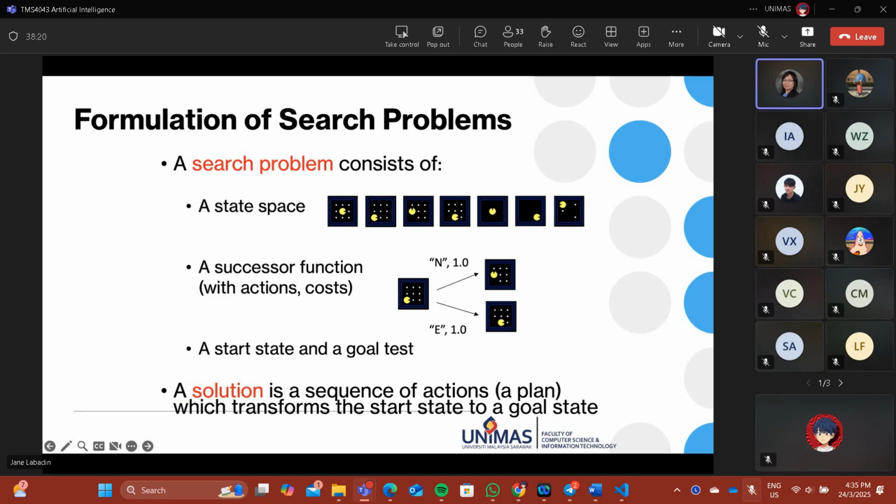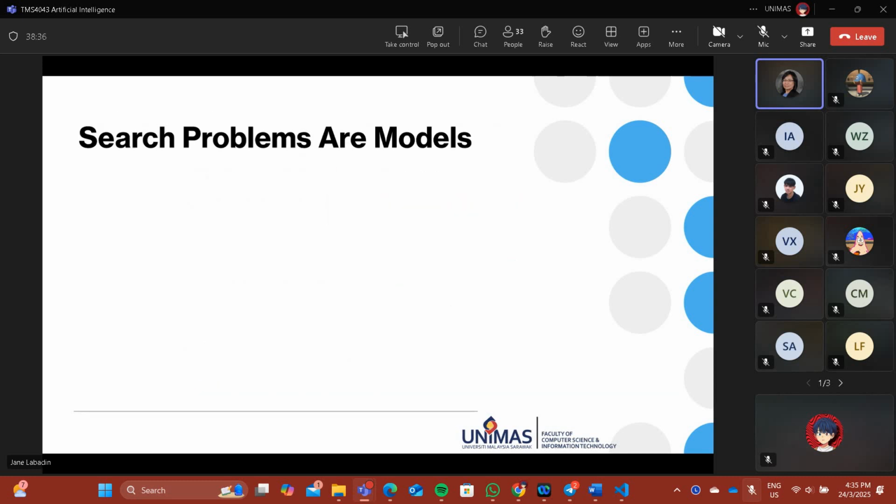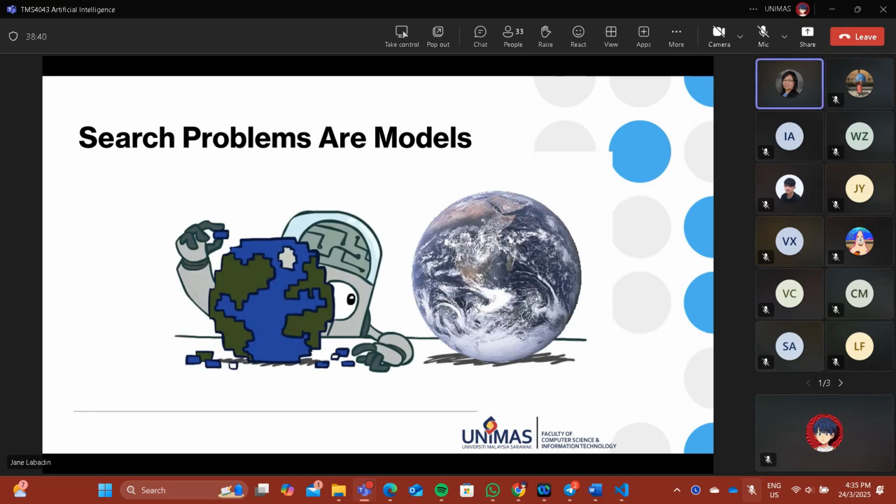You are changing your state by executing your successor function. So you are mimicking the world, your problem, basically. That's why it is seen as a model as well.